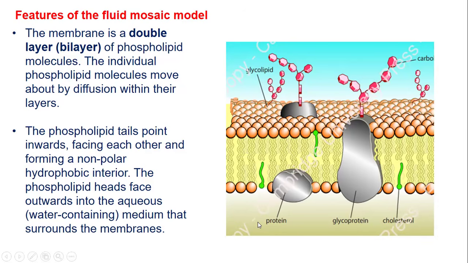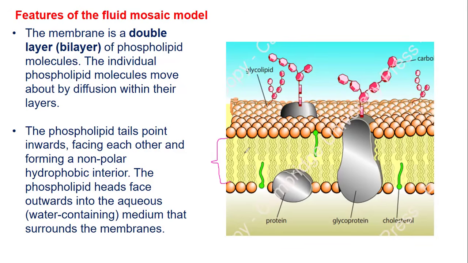So the phosphate heads face towards the watery environment because they are hydrophilic. However, the tails point towards each other, away from the watery environment. That creates a region of the cell surface membrane that is totally hydrophobic.